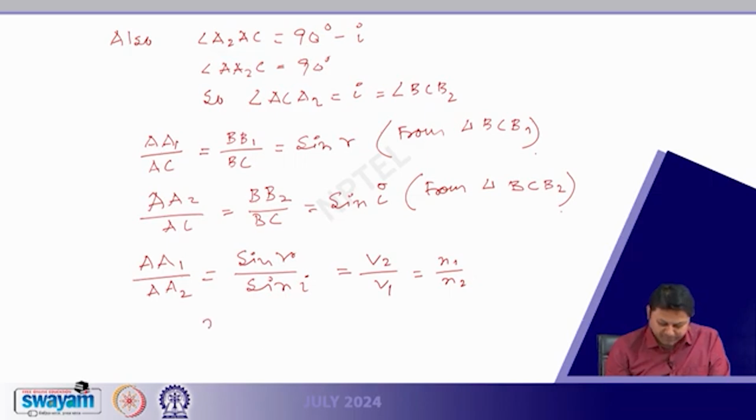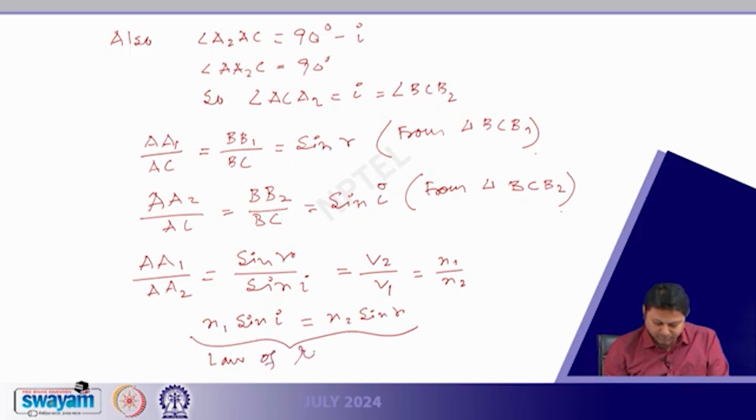So, we have N1 sin I is equal to N2 sin R. This is nothing but Snell's law or law of refraction.